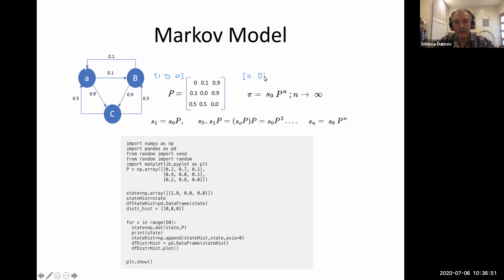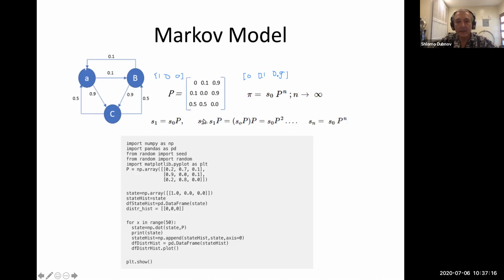And for the last one, we get 0.9. So what is the meaning of this? If we started with certainty that we are in state A, after one step we are with 10% certainty in B and 90% certainty in C.